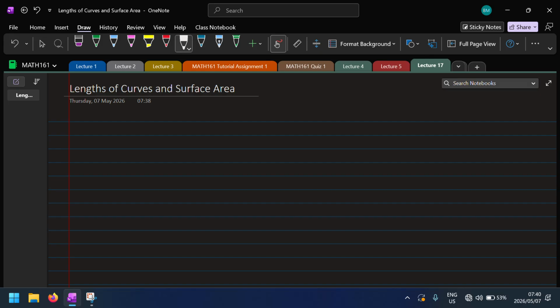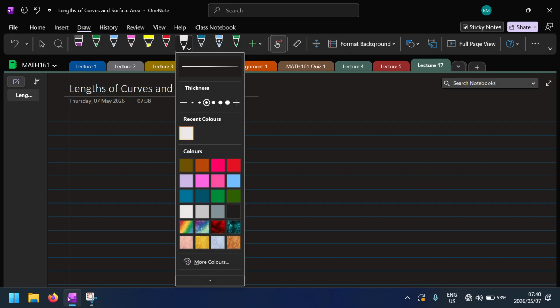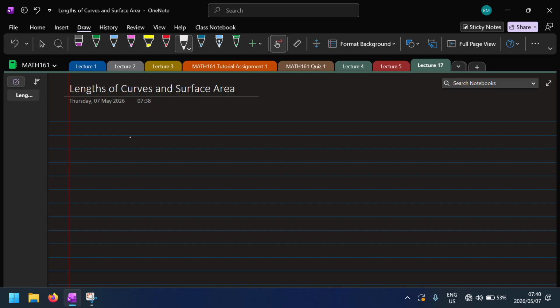Let's say we've got a curve like this in the XY plane.